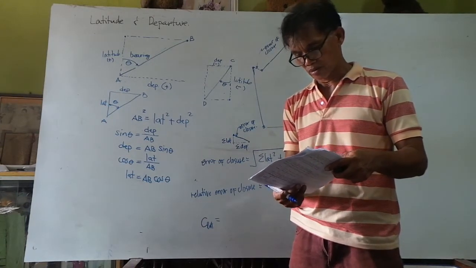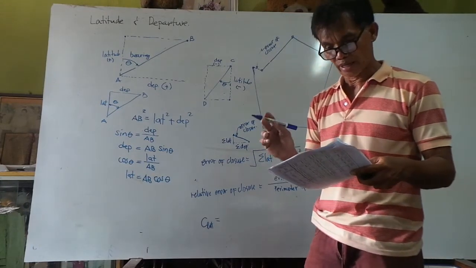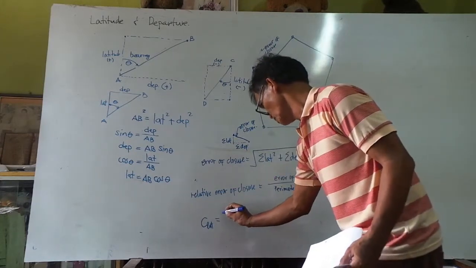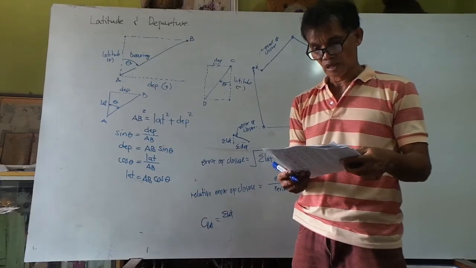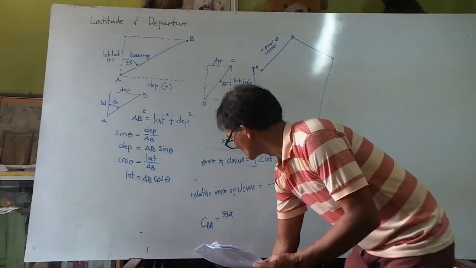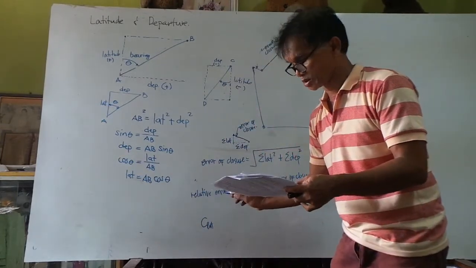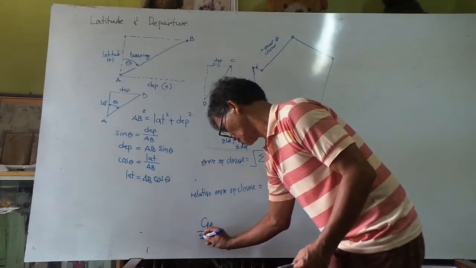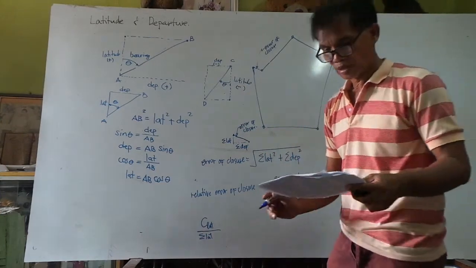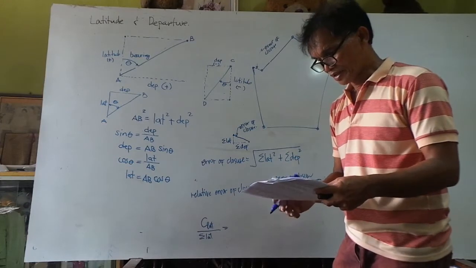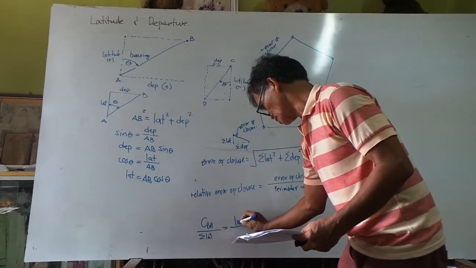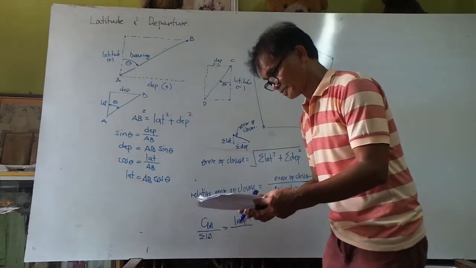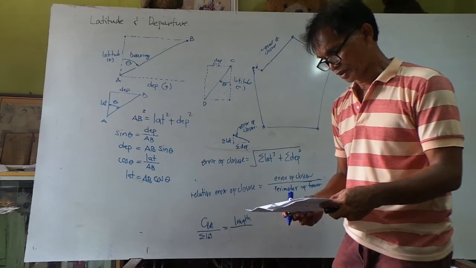The correction to be applied to the latitude of any course is to the total correction in latitude, which is the error of latitude, the summation of latitude, as the length of the course is to the length of the traverse.